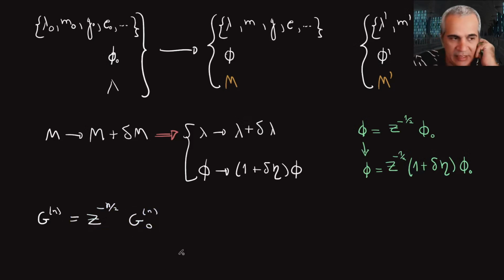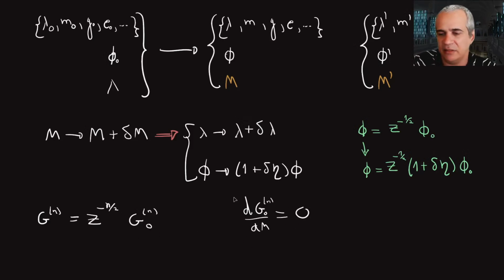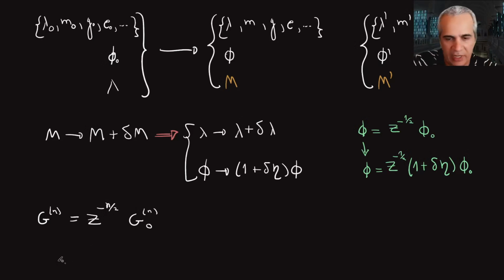And since G^0 is independent of M, that's the main condition we're using here. Never forget that really what we are doing is demanding this is 0. So that's where this enters. That means that all the change in G comes from Z. So when I take this definition for Z, Z goes from this to this as I change the renormalization scale.